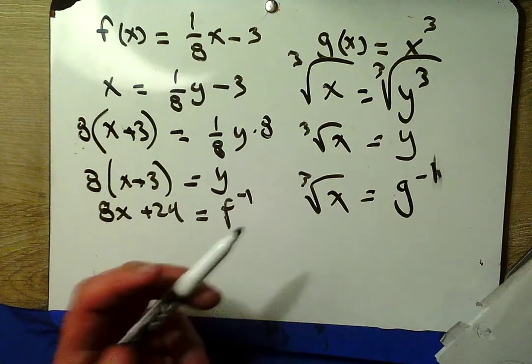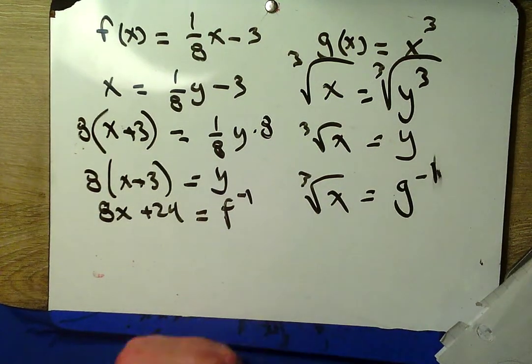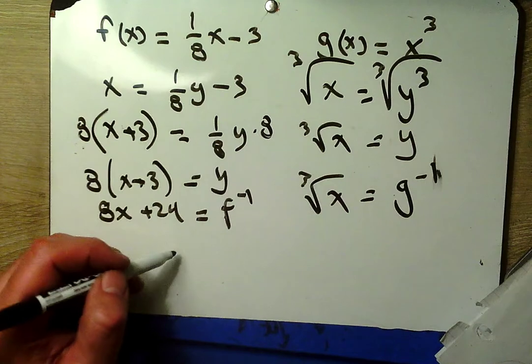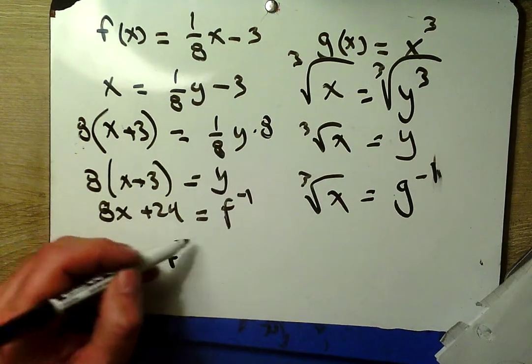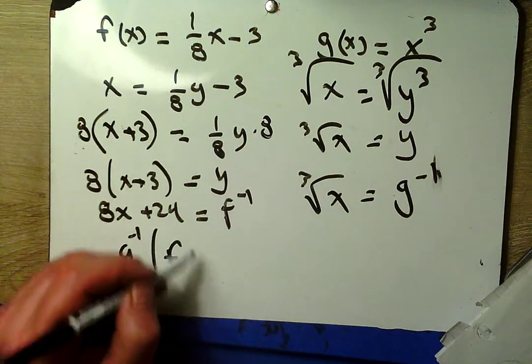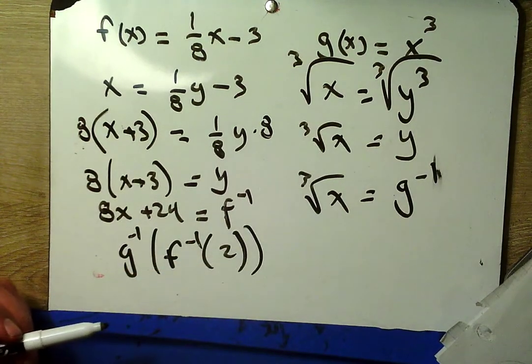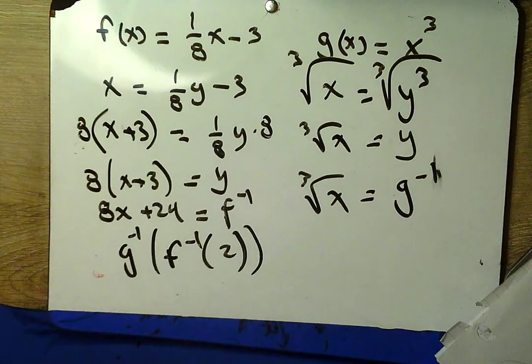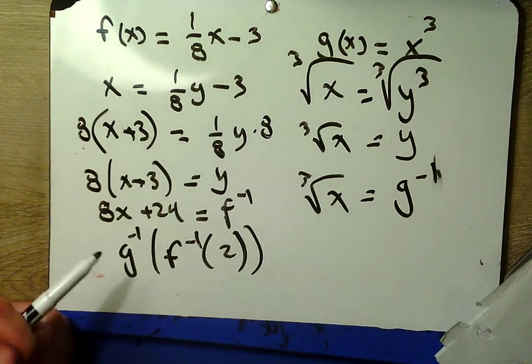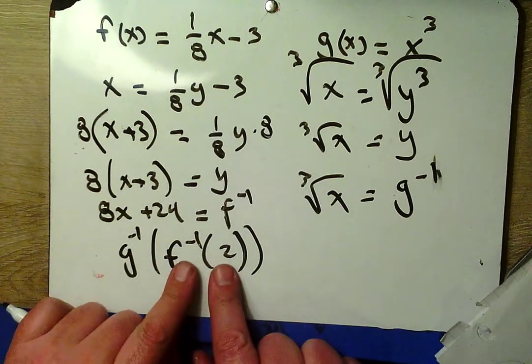Okay? Now, how about this? How about I say, hey, what's g inverse of f inverse of 2? So I would like you to say, oh, f inverse of 2? No problem.